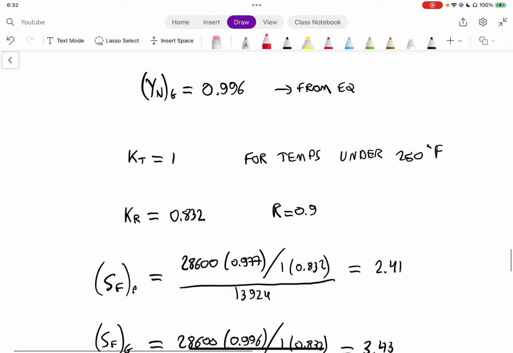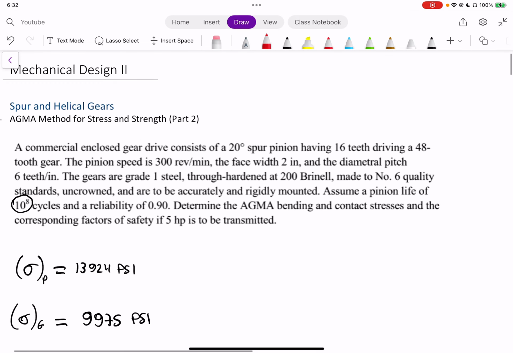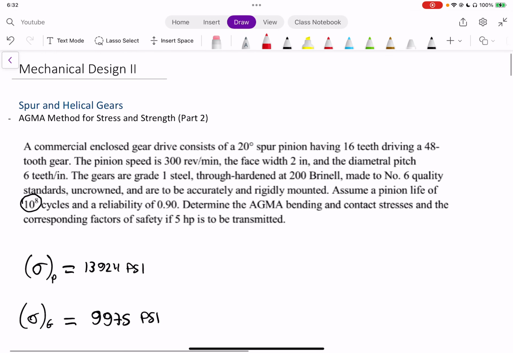So going back to the question, we've been able to solve through the last 2 parts that we determine the AGMA bending and contact stresses, so those are sigmas, and then the corresponding factors of safety if 5 power is to be transmitted. So we were able to find the 4 factors of safety SFP, SFG, SHP and SHG, based on the power transmitted.